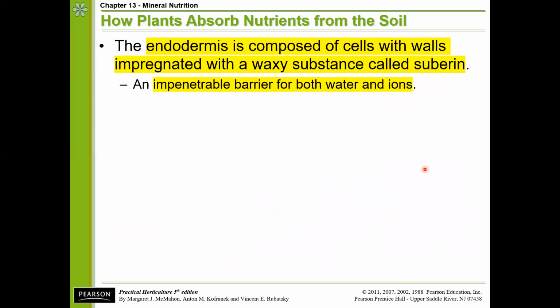The endodermis, kind of like skin in a way on the inside, is composed of cells and walls that are impregnated with this waxy substance known as suberin. And this is something that plants use whenever they're wounded. So this is actually an impenetrable barrier.